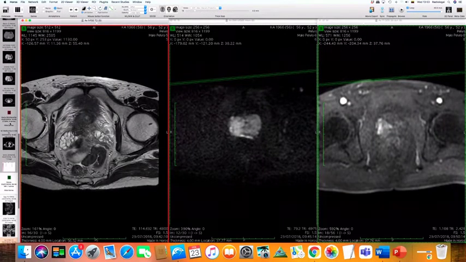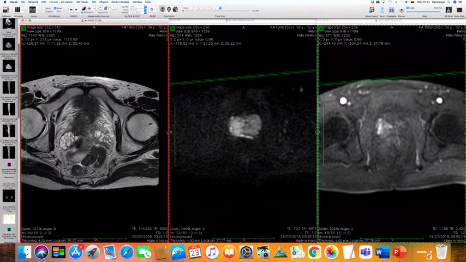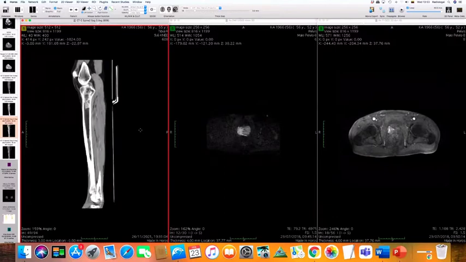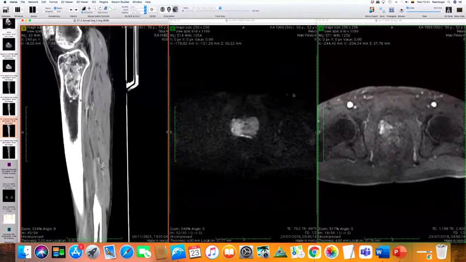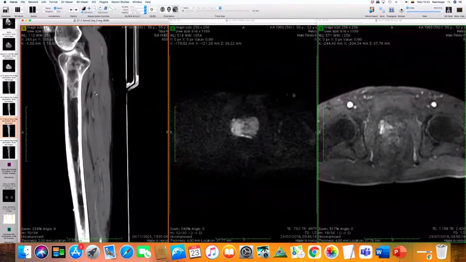Later a CT was done. I can show the metastasis in the tibia on CT. There is a large sclerotic focus in the tibia, which is very suspicious; the sclerotic bone focus is suspicious for prostate metastasis.